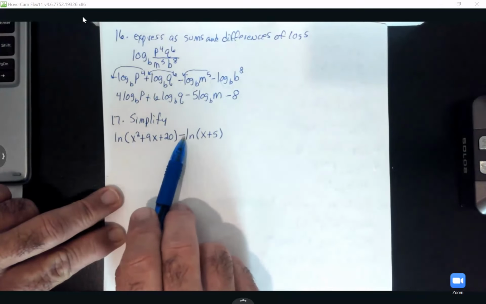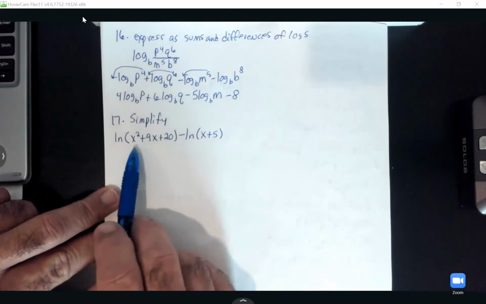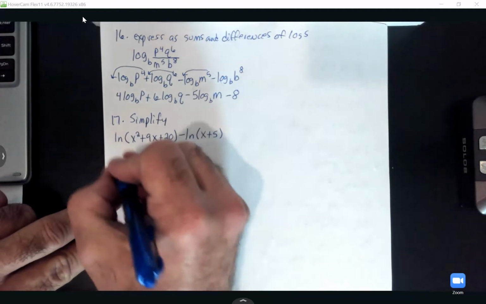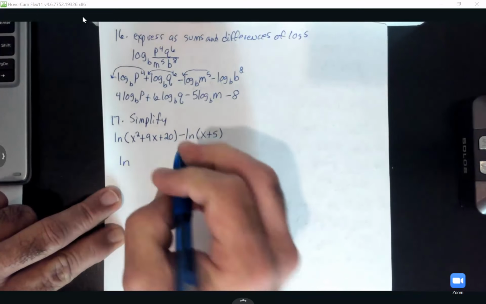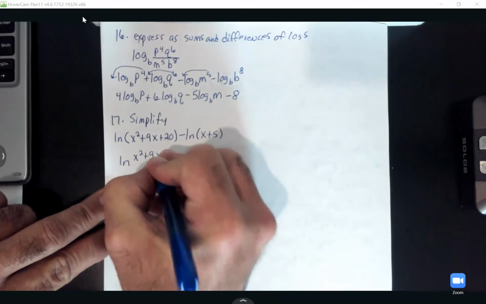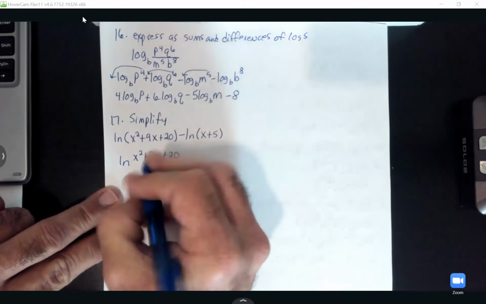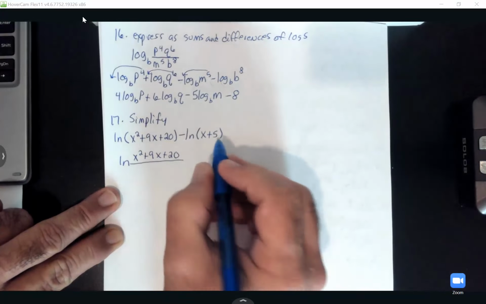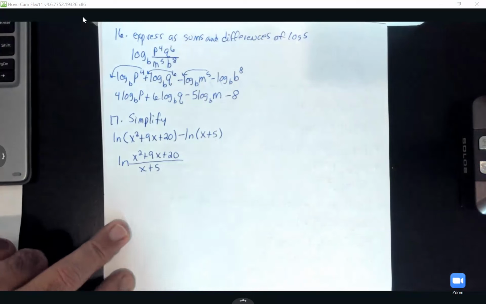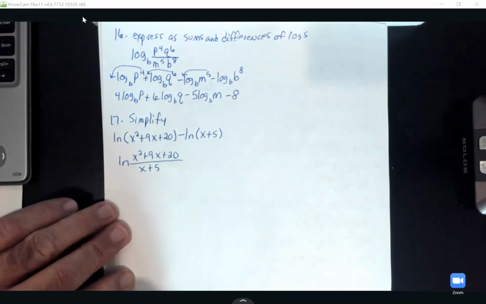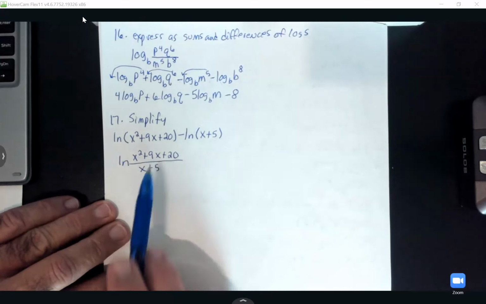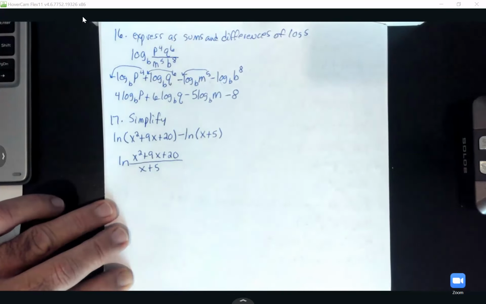Remember, stuff being subtracted always went to the bottom, and the stuff that was positive always went to the top. So bring out that ln. We'll get x squared plus 9x plus 20 on top, and on the bottom will be the x plus 5. But this one will go further, because they want me to simplify this. All I've done so far was rewrite it as a single logarithm.